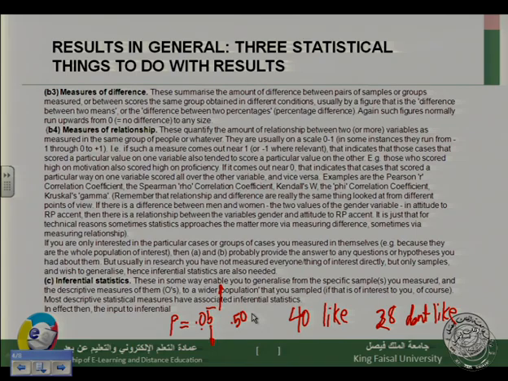I'm not going to dig into this too much because it's very sophisticated, talking about Spearman coefficient, Kendall's, whatever. This is just for your information. If you want to get more information, these are for your extra reading.